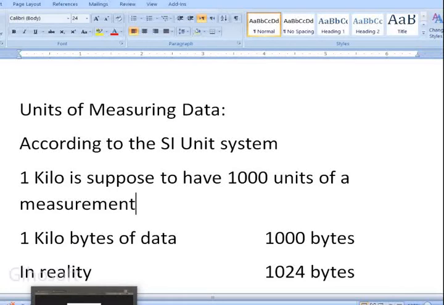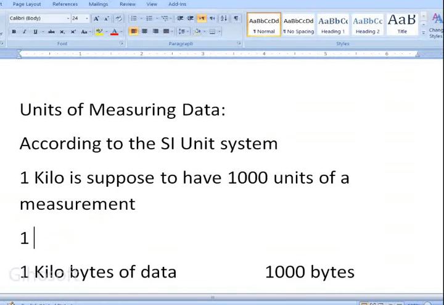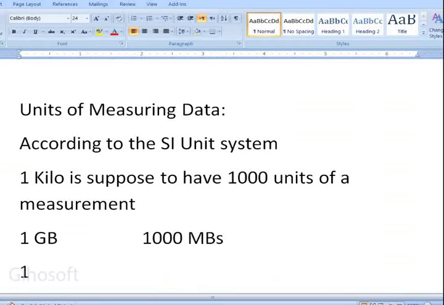The manufacturers were considering that 1 kilo is supposed to have 1000 units, so 1 GB is supposed to have 1000 MBs, whereas in reality 1 GB is supposed to have 1024 MBs.